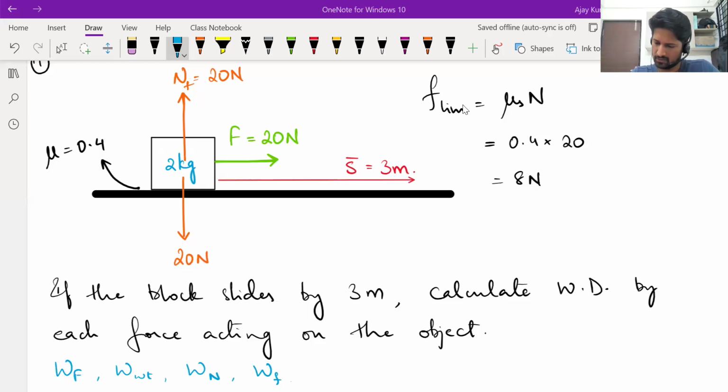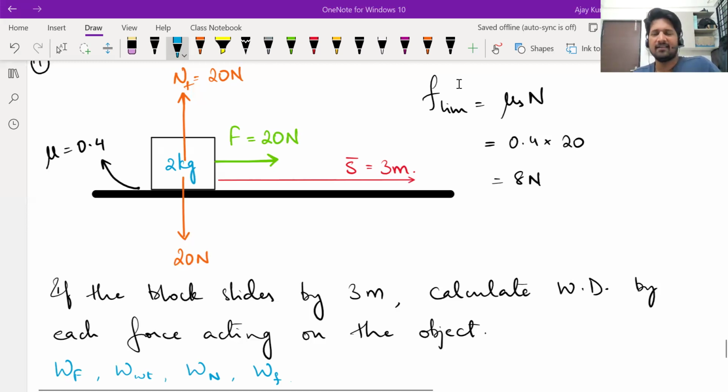Yeah, now your answer is correct. Saket, no, that is not the correction you were expected to do.